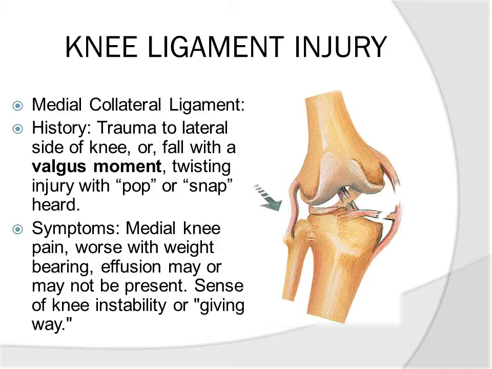There may or may not be a joint effusion present, and the examinee will report that frequently it feels like their knee is going to give way or going to buckle on them, and they may actually even report a history of the knee buckling or giving way.